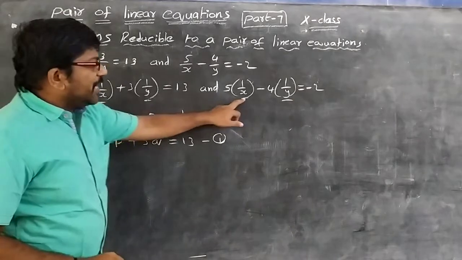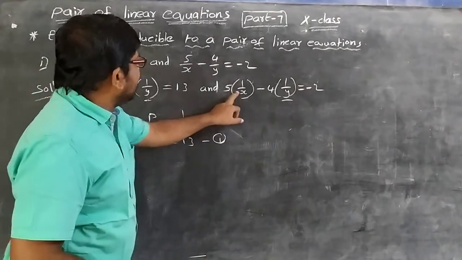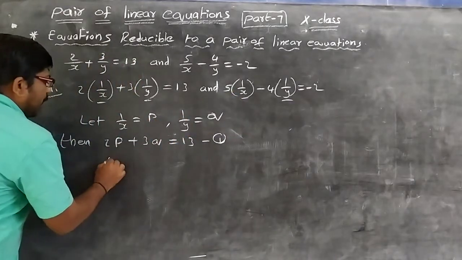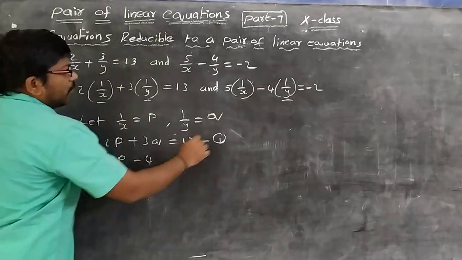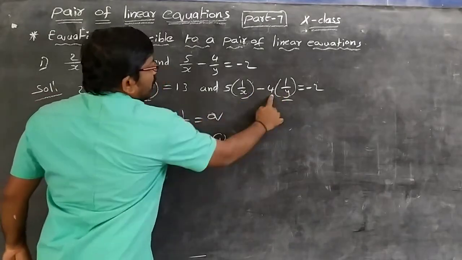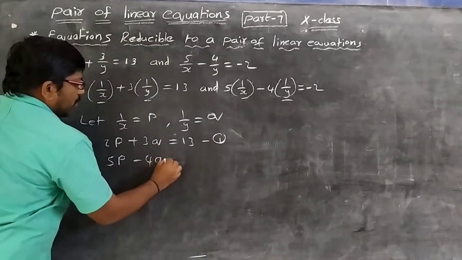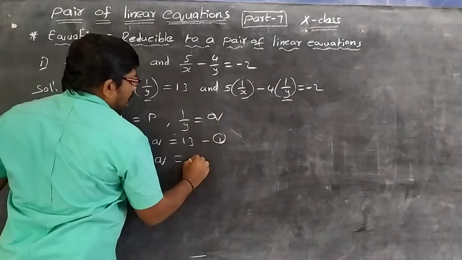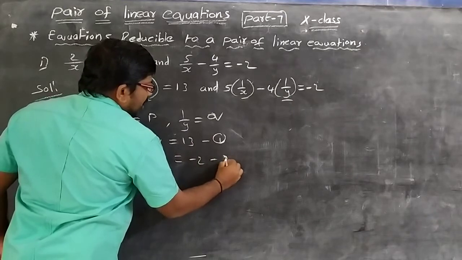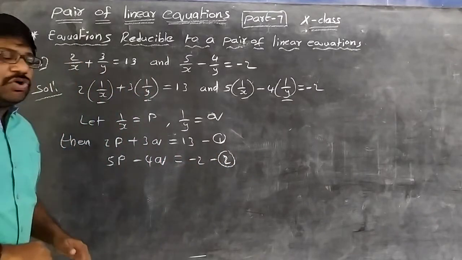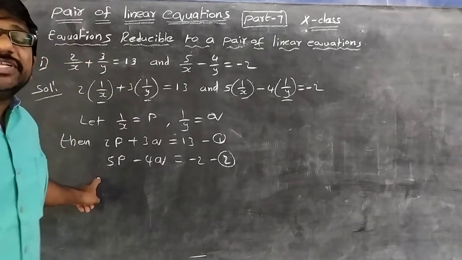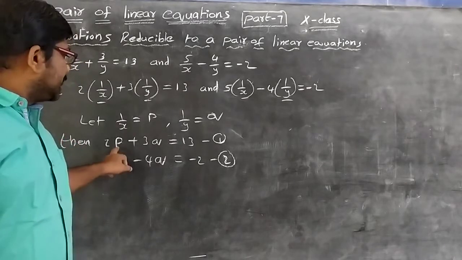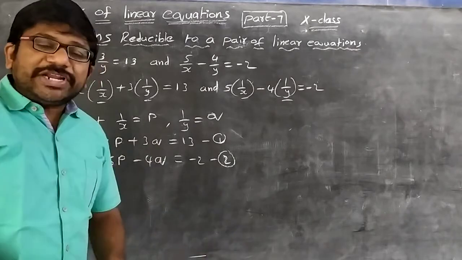Next, take the second equation: 5 into 1 by x is 5p, minus 4 into 1 by y is 4q, is equal to minus 2. It is equation 2. So now these two equations are linear equations in two variables, p and q.